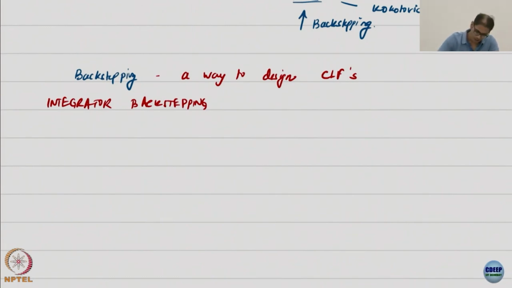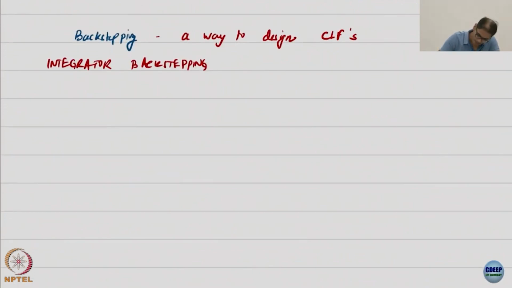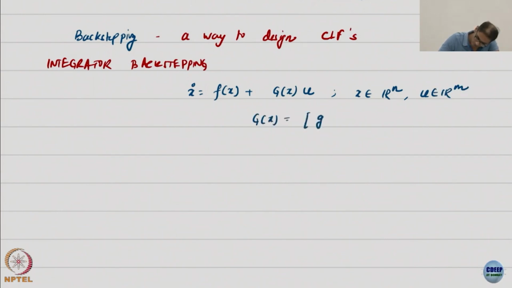All right. So what is integrator backstepping? I start with a system: x dot is f(x) plus g(x)u, where x is in R^n and u is in R^m. So basically g(x) is typically of the form g1(x) all the way to gm(x).